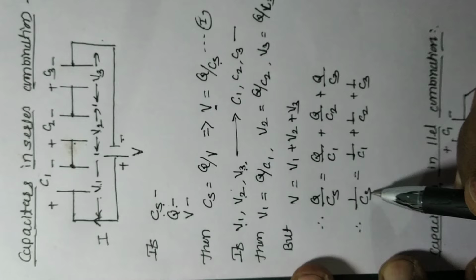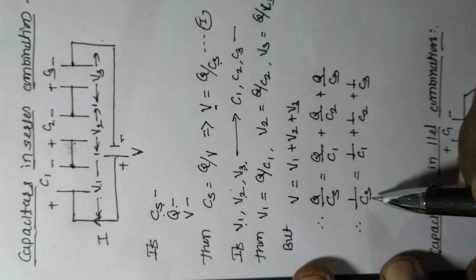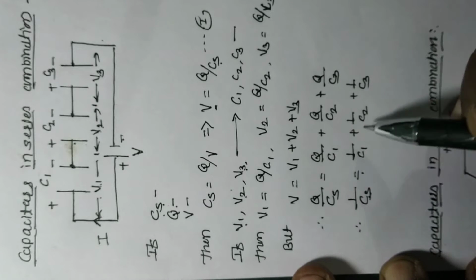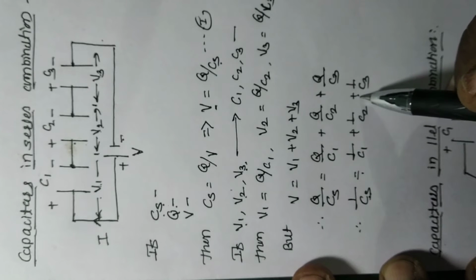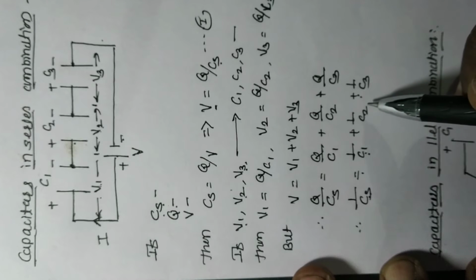Thus, the reciprocal of resultant capacity in series combination is equal to the sum of reciprocals of capacities of the condensers.